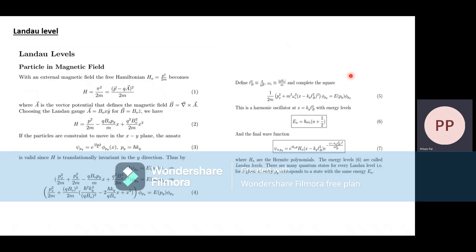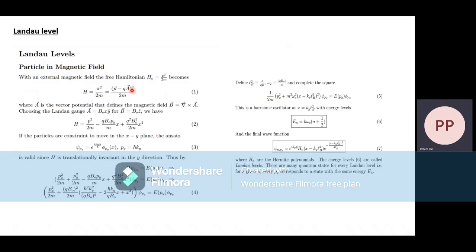Now if we turn on or apply some external magnetic field, then the equation will change. There will be some other factors because of this externally applied field. This is a conjugate momentum, or you can say the modified momentum: pi square by twice m will become (p minus qA) square by twice m, where A is the vector potential associated with the applied magnetic field.